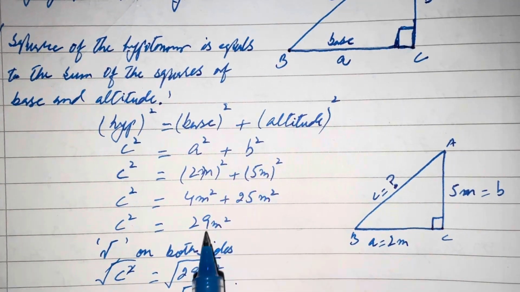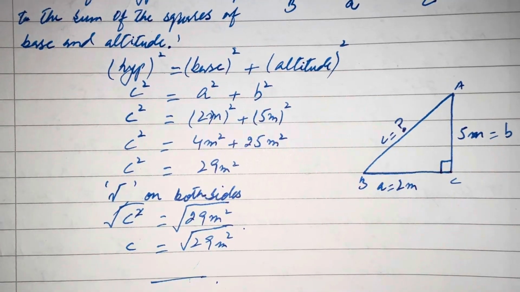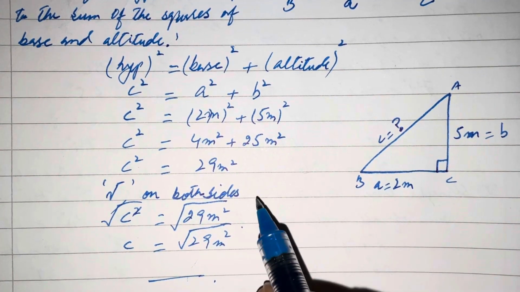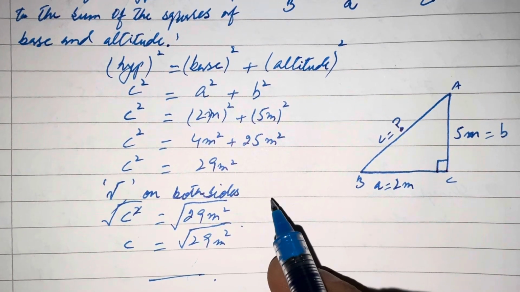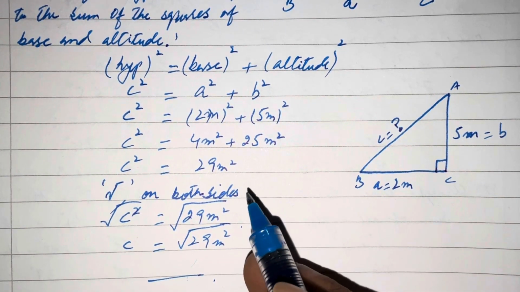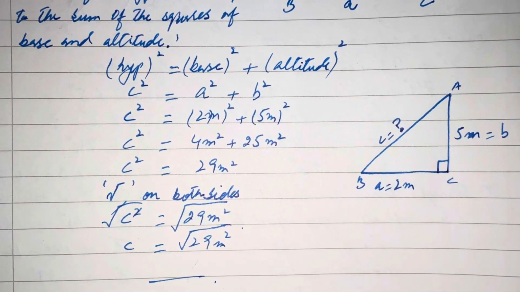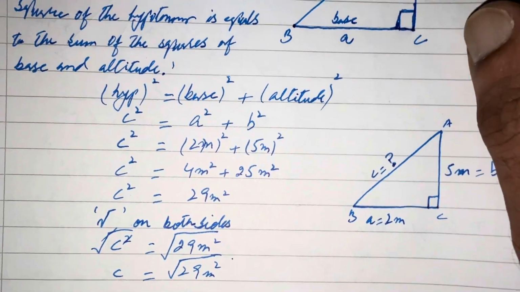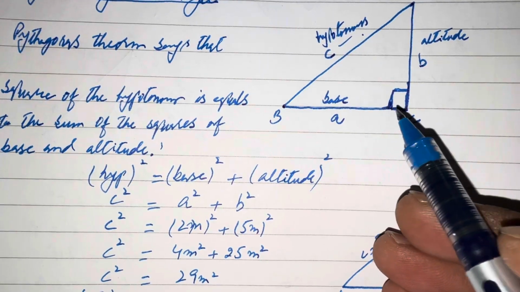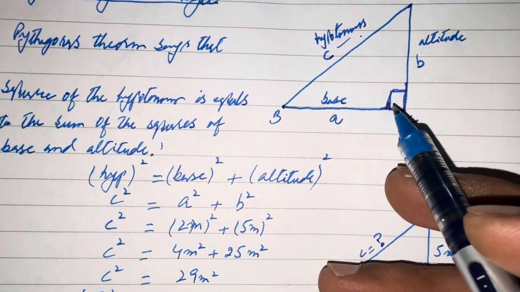That's how we can find answers to these kinds of questions. In our coming videos I will do more questions related to the Pythagoras theorem. Once again, I'm going to tell you about the Pythagoras theorem. Always keep in mind that the Pythagoras theorem is applicable only to the right angle triangle.